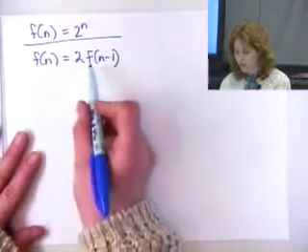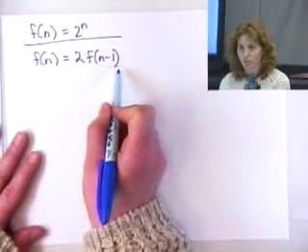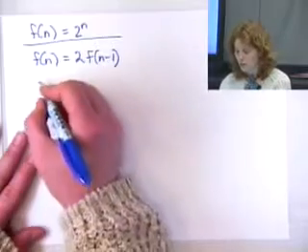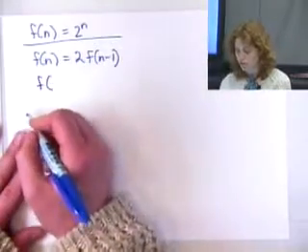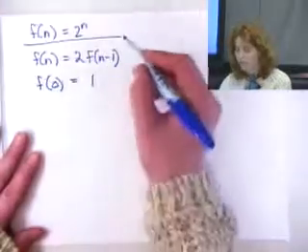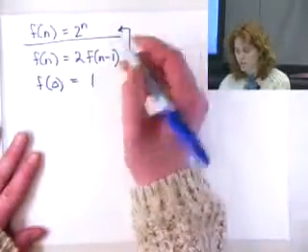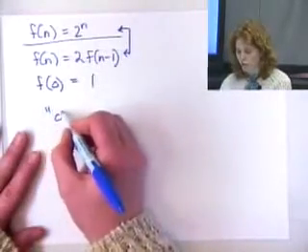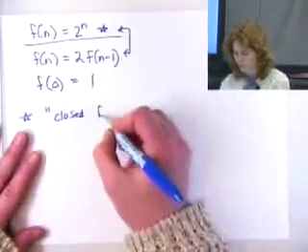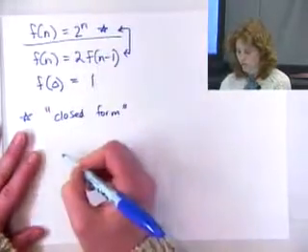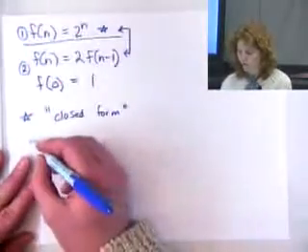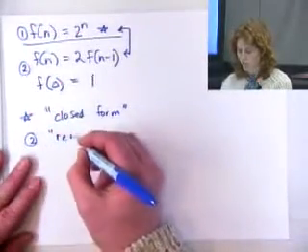Because if I don't give you a basis, I'll keep decreasing this number forever and ever, and it will keep getting negative if I go past 0. So I need to give you a basis. So let's say we'll give you f of 0 is equal to 1. So these two definitions are the same. The top one is called closed form. And the second one is called recursive form.